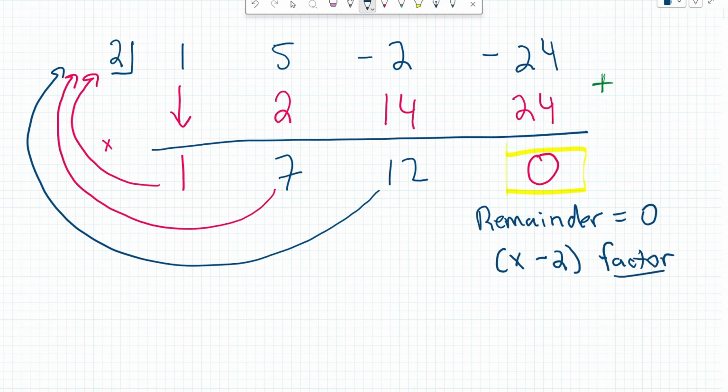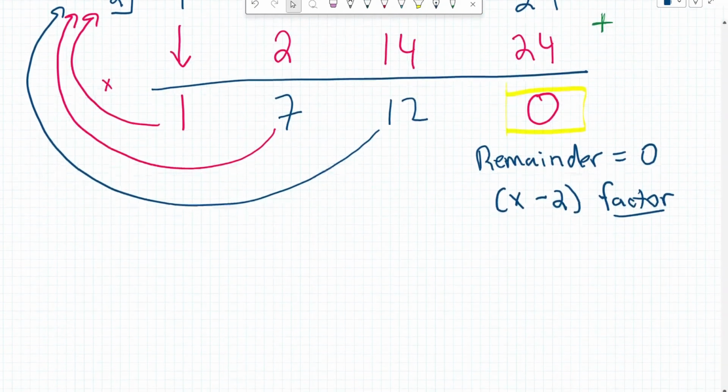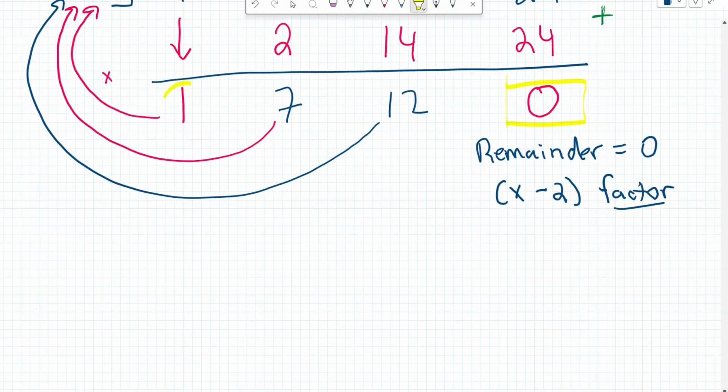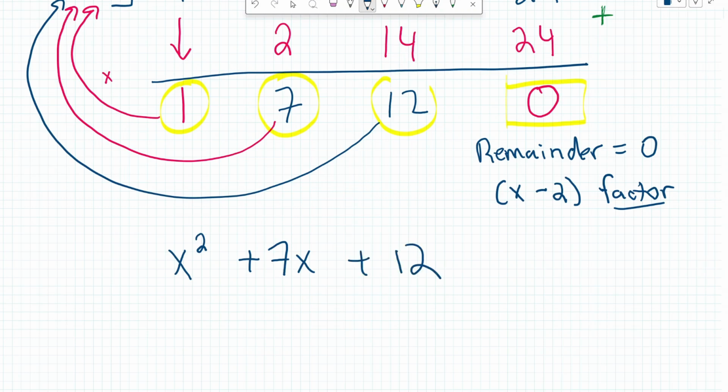Again, if your remainder equals 0, that confirms by the remainder theorem and factor theorem that x minus 2 is a factor. Now we need to collect our remaining coefficients and factor this new quadratic equation. So we have x squared plus 7x plus 12.